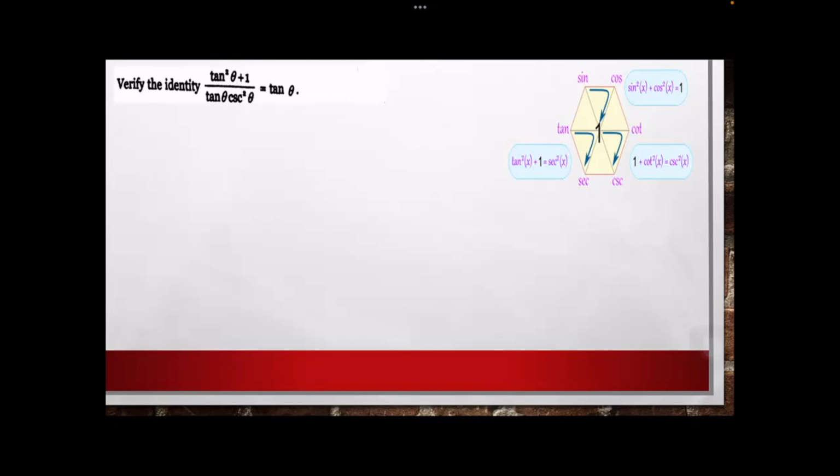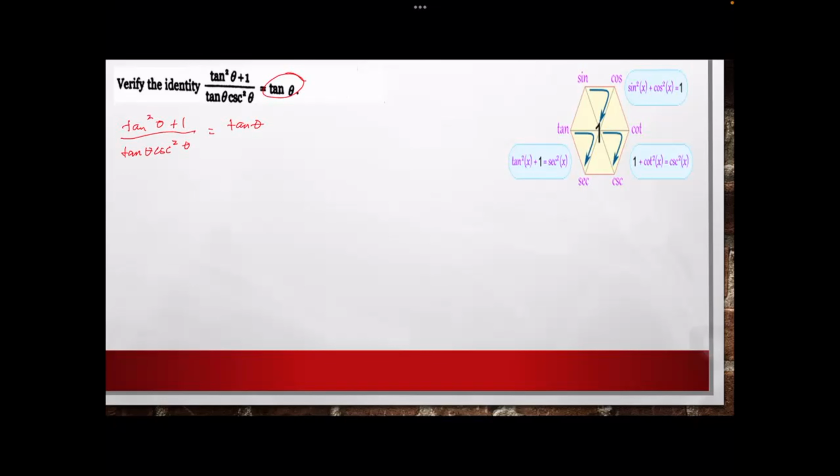Okay, so this take as the tan squared theta plus 1 over the tan theta cosecant squared theta is equal to tan. Now, ito, remain as the given. So, hindi naman natin siya papalitan. So, ano yung possible?